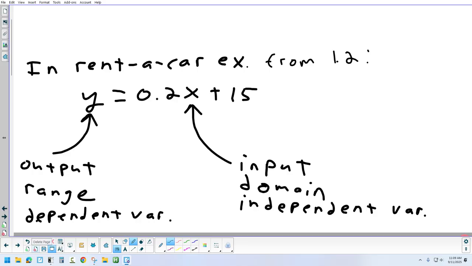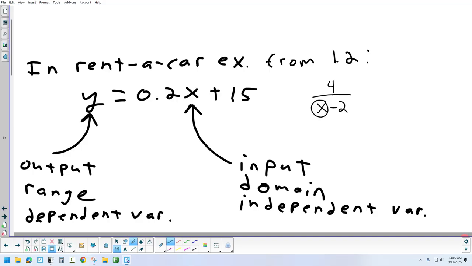So if you had a problem like this, and I asked you, what numbers are you allowed to fill in for the x? You can fill in any number you want except one number. There's one number you can't plug in for x there, because if you did, you would be dividing by 0. What number are you not allowed to plug in for x there? 2. So if you were asked for the domain of that function, it's every number except 2.